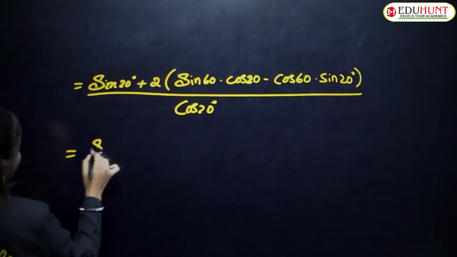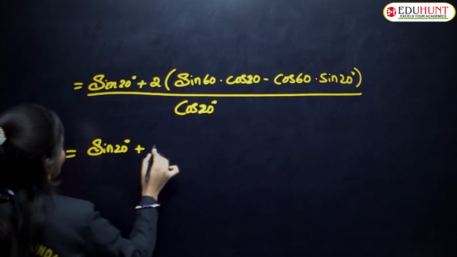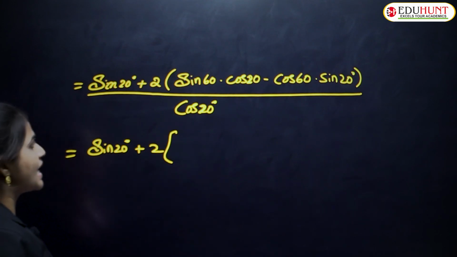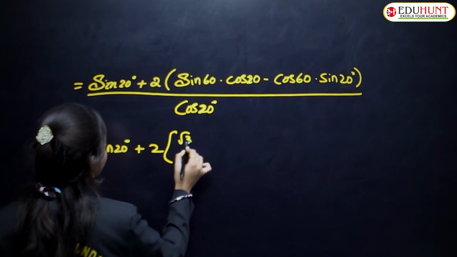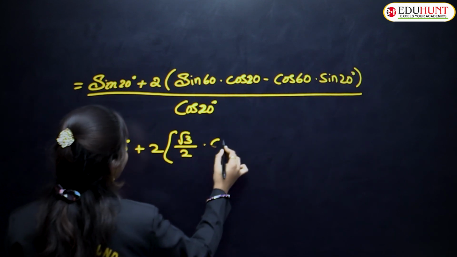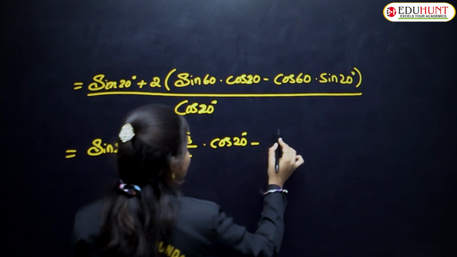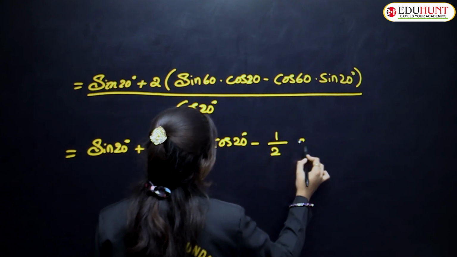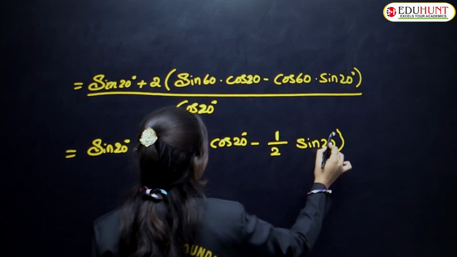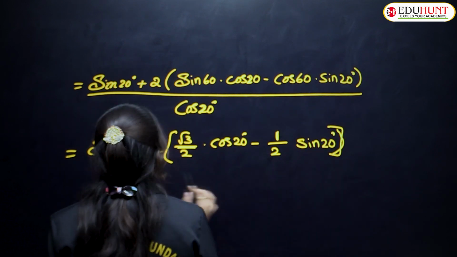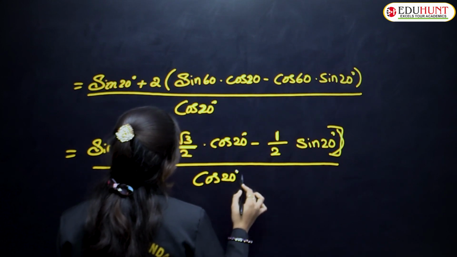So sin 20 degrees plus 2 into, what is the value of sin 60 degrees? Sin 60 degrees value is root 3 by 2. Root 3 by 2 into cos 20, whose value we don't know, so write as it is, minus cos 60 degrees value is 1 by 2 into sin 20 degrees, whole by cos 20 degrees.